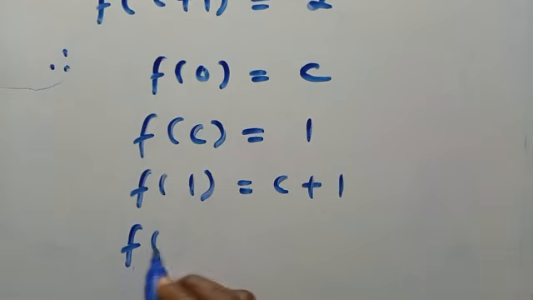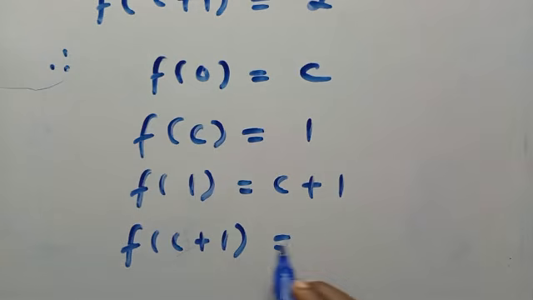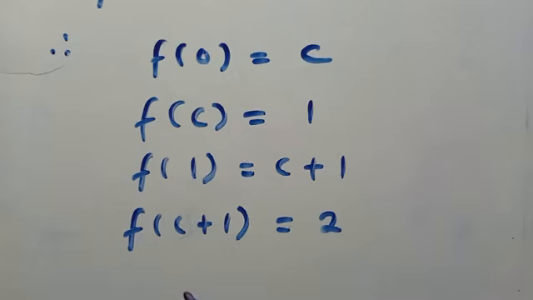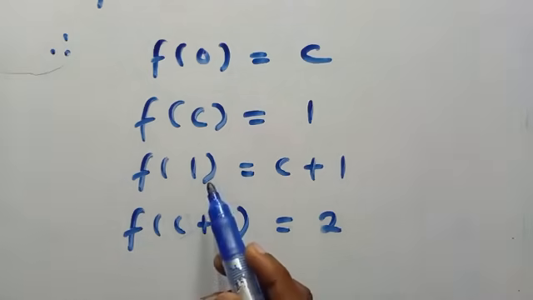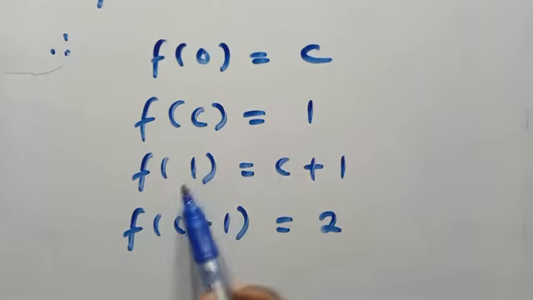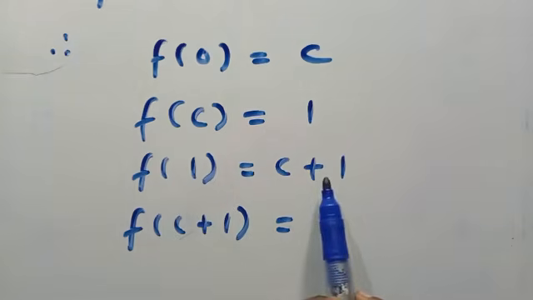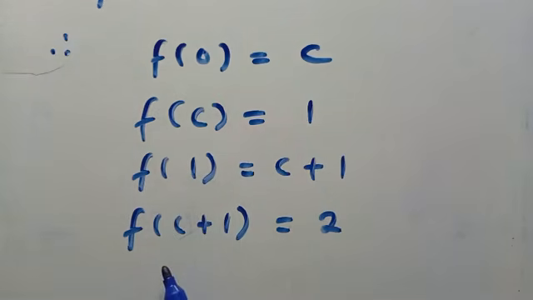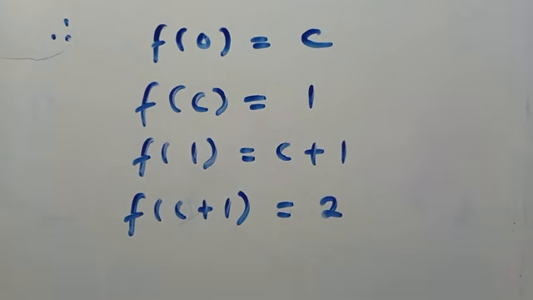Then f of c plus 1 equals 2. So if we check further, we get f of 0 as c, f of c as 1, f of 1 as c plus 1. If we look for f of 2, that becomes c plus 2. That is how it continues, which means we have a chain.